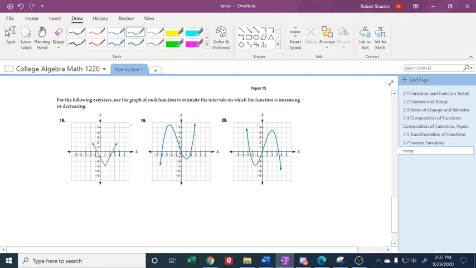Yes. All right, let's look at number 19. On number 19, tell me where this function is decreasing.